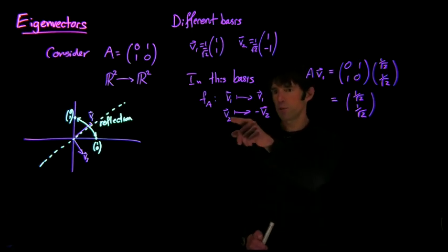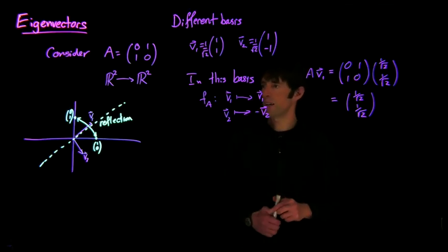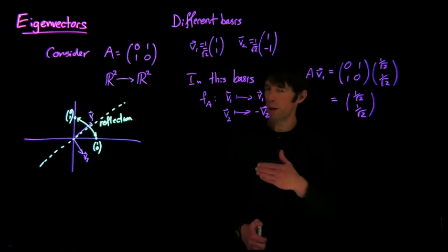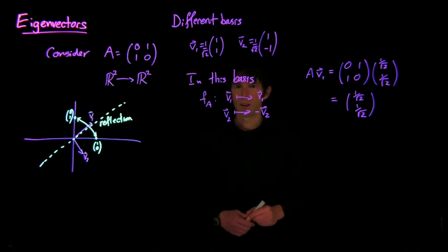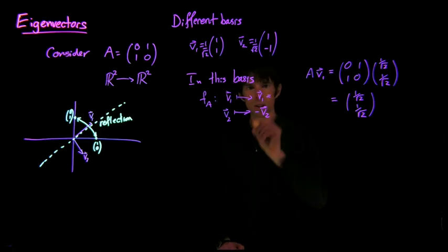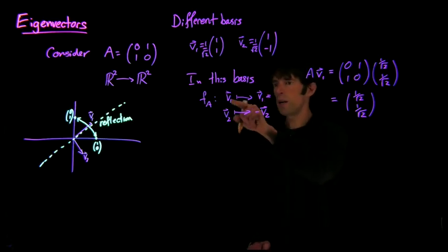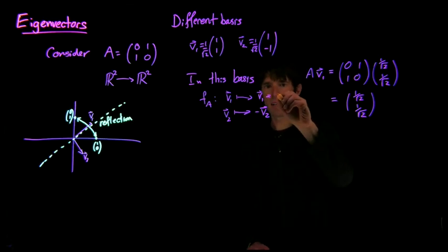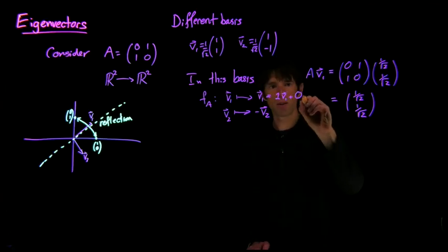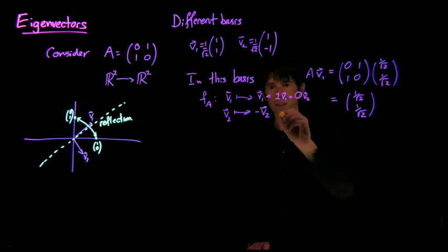We could do the calculation for v2 and find this, or I worked it out using the geometric description of this map being a reflection. So let me just expand this out a little bit more. This is taking the v1 vector and sending it to 1 times the v1 vector plus 0 times the v2 vector.